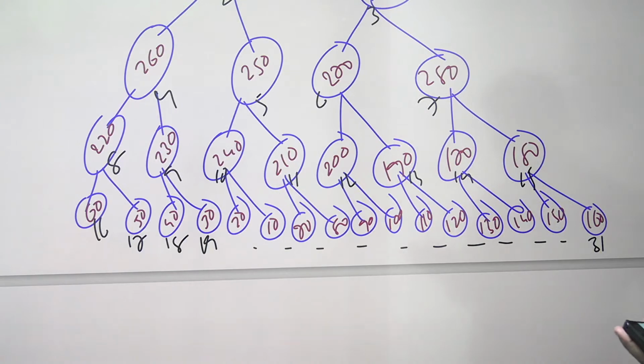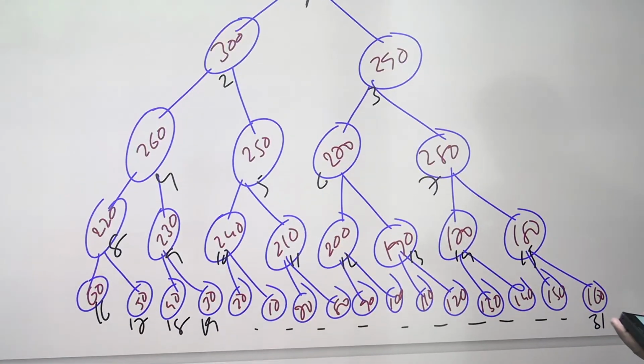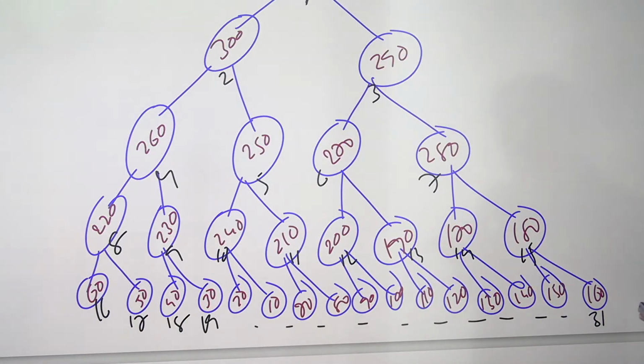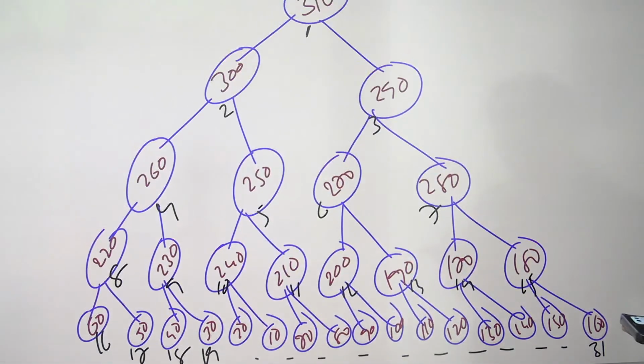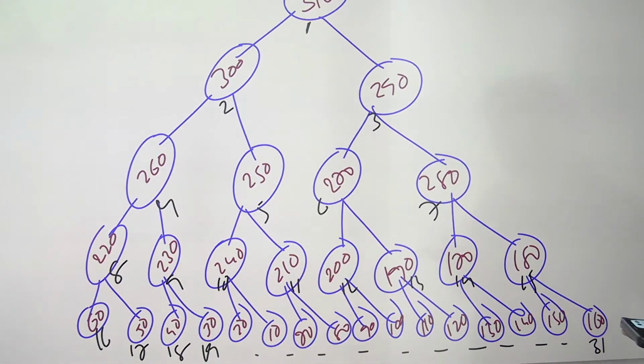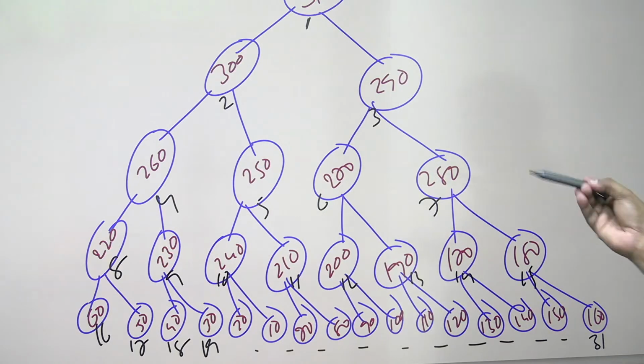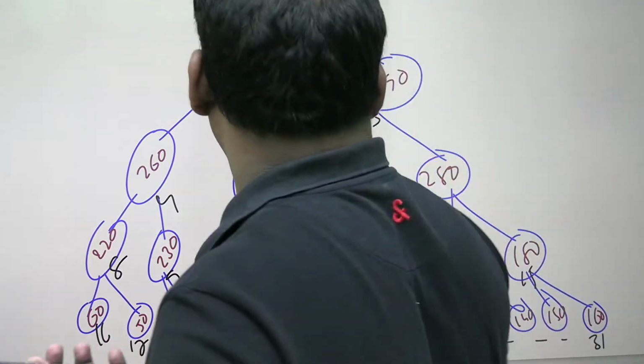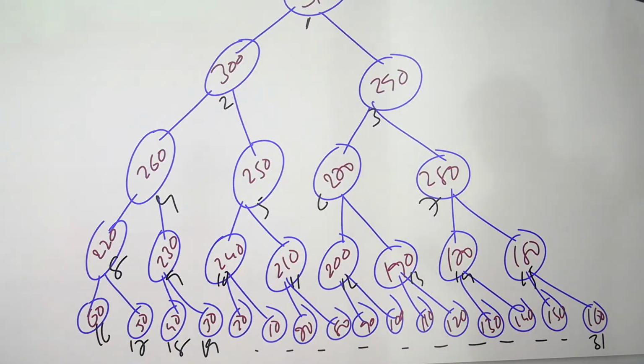Everyone knows a min heap tree or max heap tree is stored inside the computer in the form of an array. In the array, first place 310, second place 300, third place 290, and so on. Last place 31.